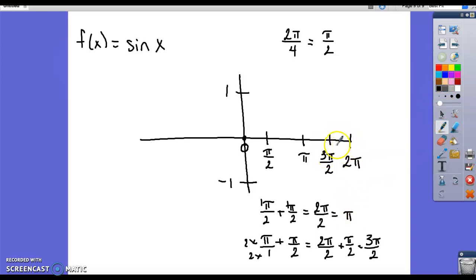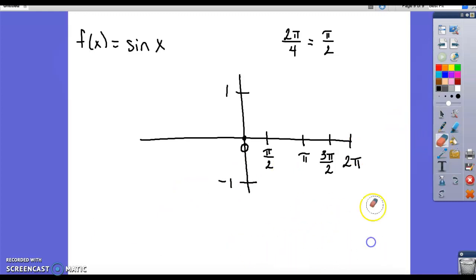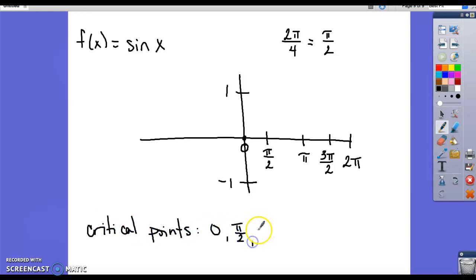Then you really should check this last interval. If I take 3 pi over 2 and add pi over 2, I get 4 pi over 2, which is 2 pi. So I just confirmed that this last interval is pi over 2 units long. My critical points here, the points where this graph is going to cross the x-axis for this first period, are 0, pi over 2, pi, 3 pi over 2, and 2 pi.